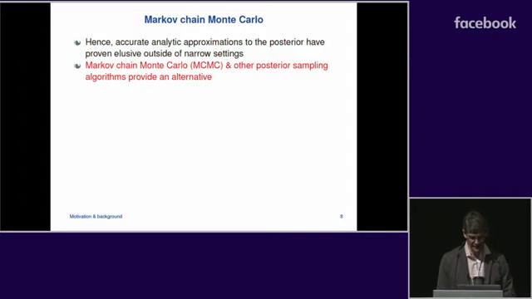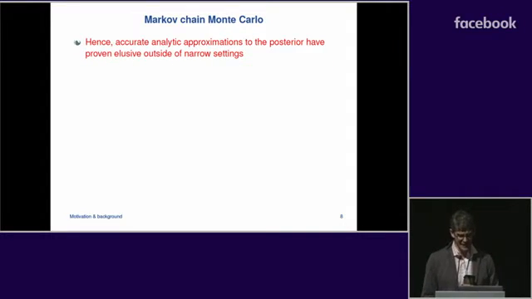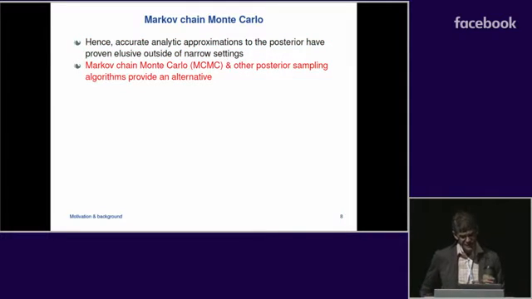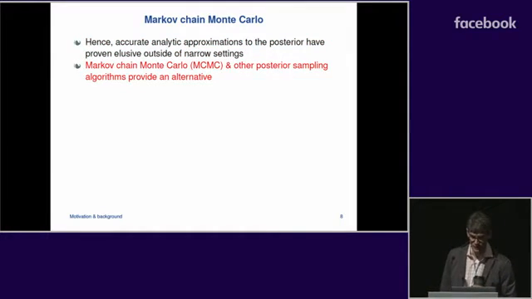One reason that Markov chain Monte Carlo has remained popular is that for analytic approximations like variational Bayes, we can't really show that they do well, and they might not do well outside of narrow settings. So Markov chain Monte Carlo and other posterior sampling algorithms provide an alternative.